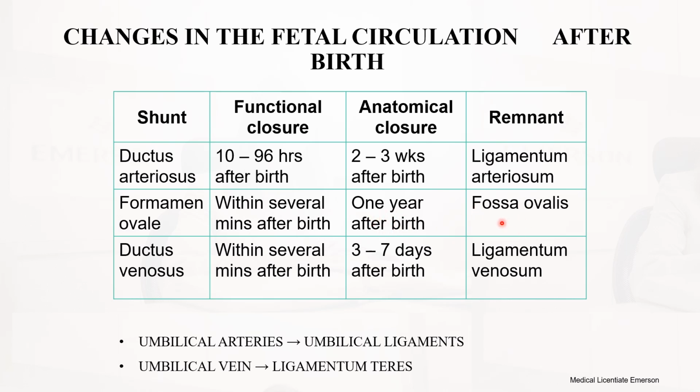The remnant is the fossa ovalis. Then the ductus venosus has functional closure within several minutes after birth. Anatomical closure is 3 to 7 days after birth. The remnant is the ligamentum venosum. The umbilical arteries change to umbilical ligaments, and the umbilical vein changes to the ligamentum teres. So that's what happens.